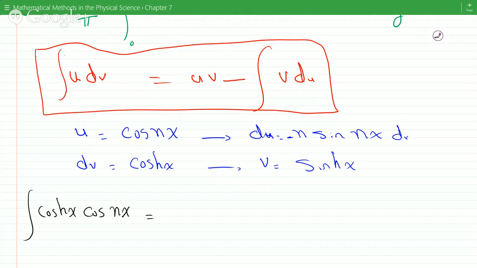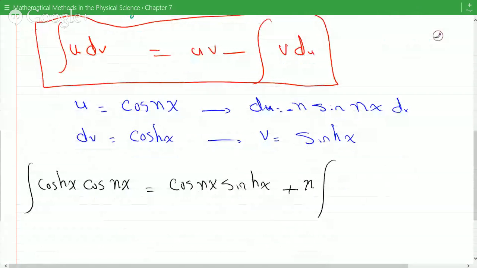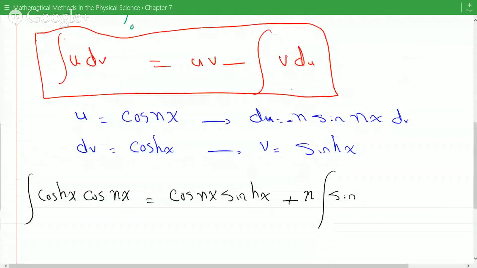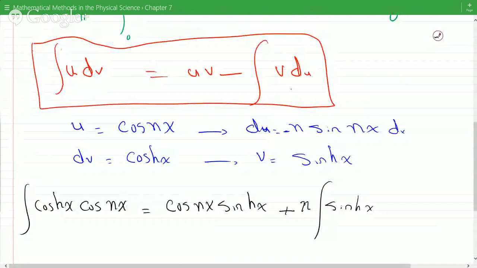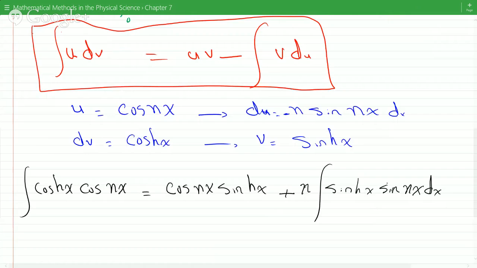So that's uv: cosine nx sine hyperbolic x, minus the integral of v du, which will be plus n times the integral of sine hyperbolic x times sine nx, from 0 to, we'll evaluate at the end.